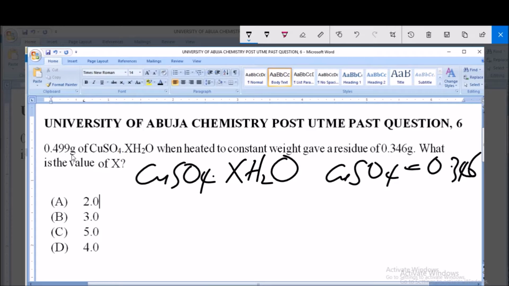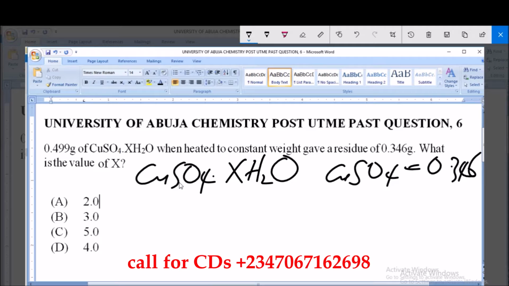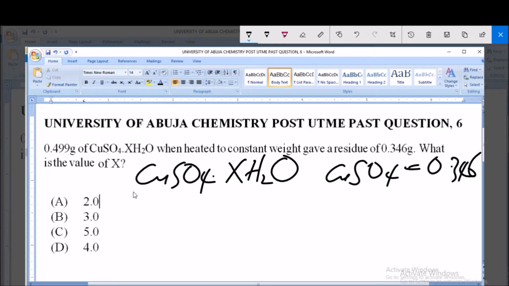So we have that the number of moles of CuSO4 will be equal to that of the entire salt. Now let's find the molar mass of CuSO4. And before I go on, I want you to know that the mass of the entire salt is 0.499.